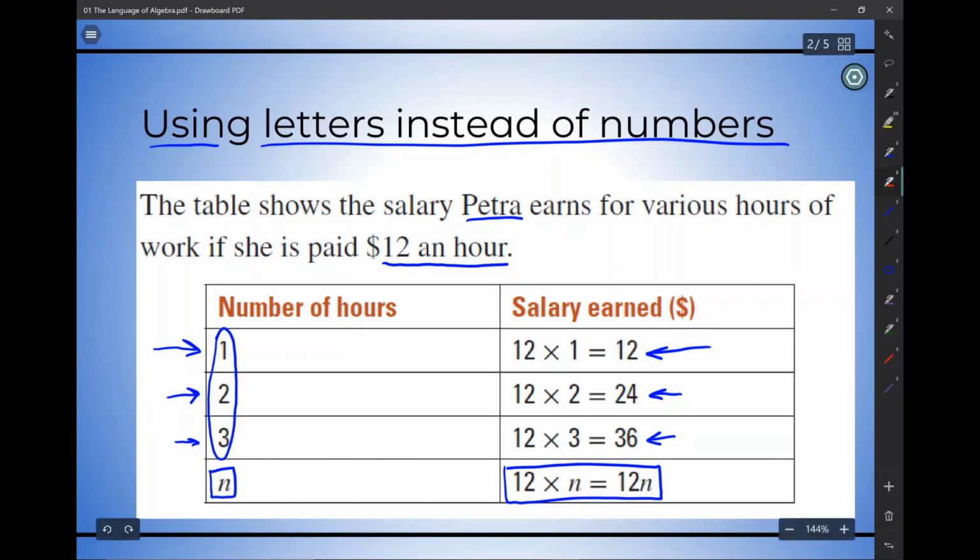This letter N here and here means the same thing. It's standing in for any number we choose. N can equal 6 if she works 6 hours. N can equal 8 if she works 8 hours. It can equal 320 if she works 320 hours. It can stand in for any number we want it to.